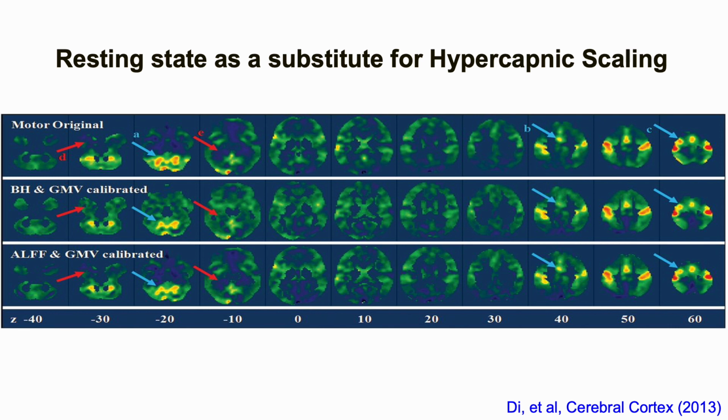And by using the resting state ALFF parameter and gray matter, we get a very similar calibration effect. And again, the point here is that this could be used instead of breath holding, where in some cases a person may not be able to perform the task.